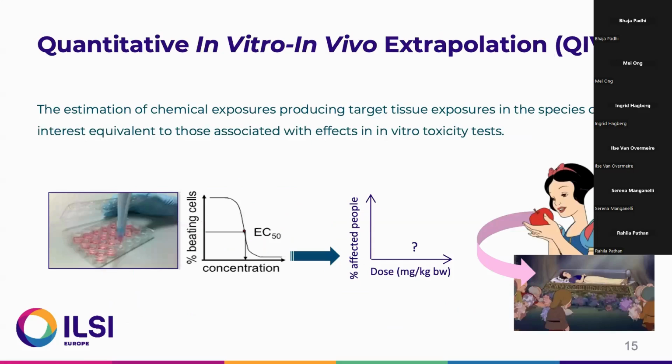And to do that, that process of translating that in vitro concentration to a bioequivalent human dose, we call that quantitative in vitro to in vivo extrapolation. So the formal definition here is the estimation of chemical exposures producing target tissue exposures in the species of interest. For us, that's often the human. And that dose should be equivalent to those associated with the effects in these in vitro tests.